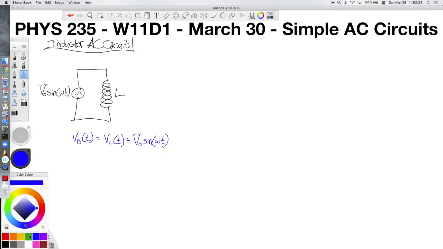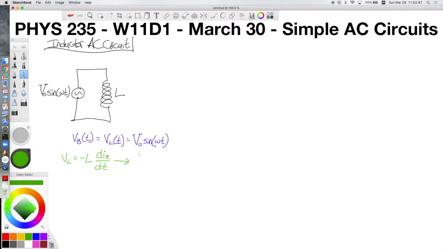But we also know from our formulas about inductors that we learned a little while ago that the voltage across an inductor as a function of time, or just the voltage across an inductor in general, is equal to the negative inductance times the derivative of the current with respect to time.